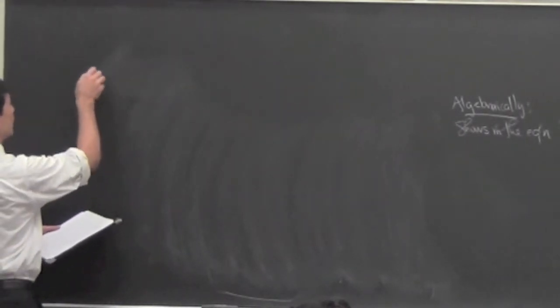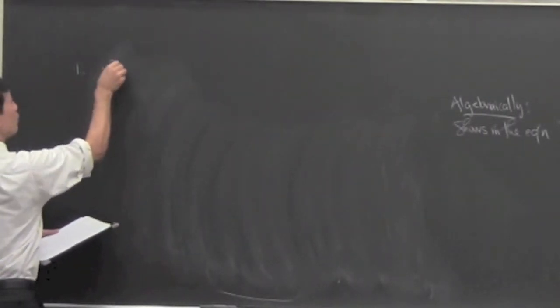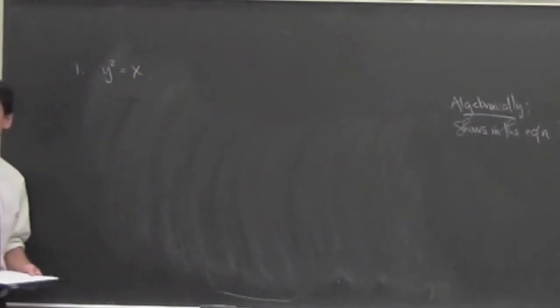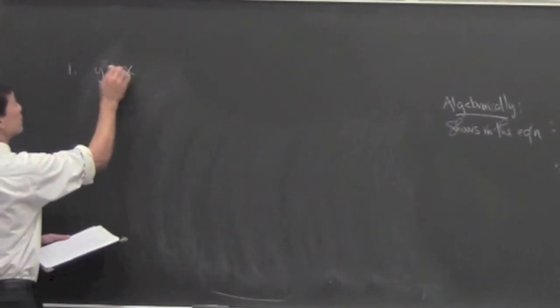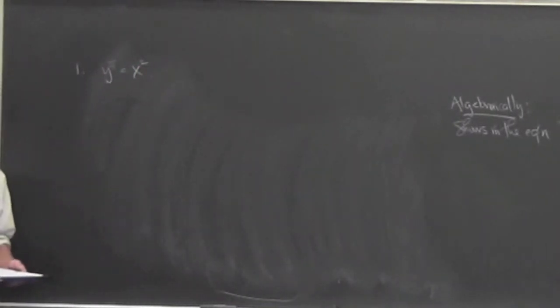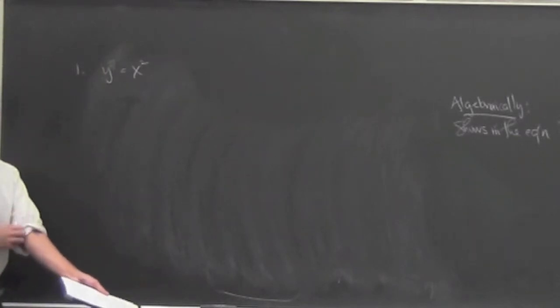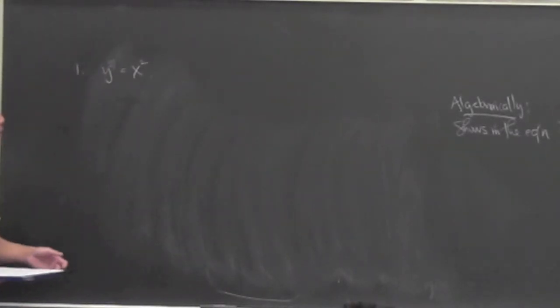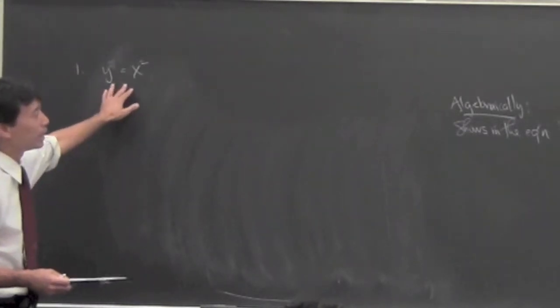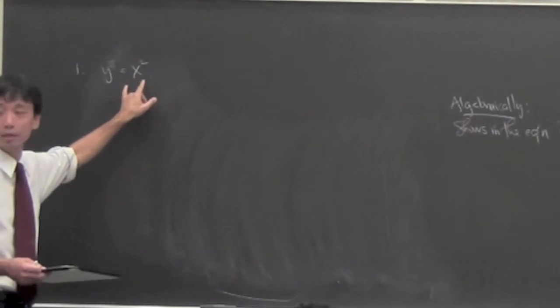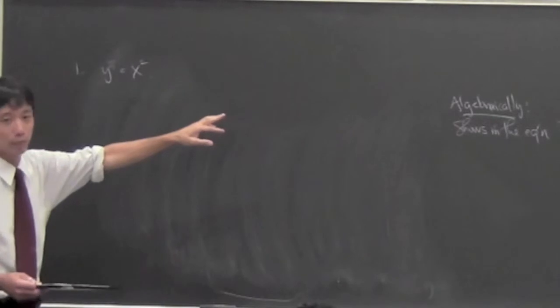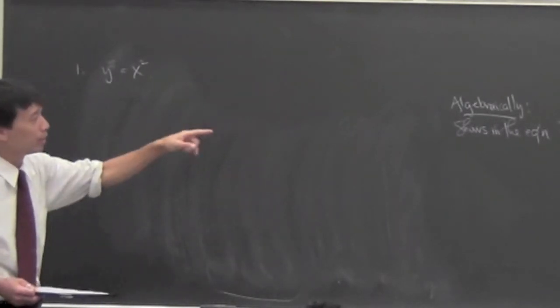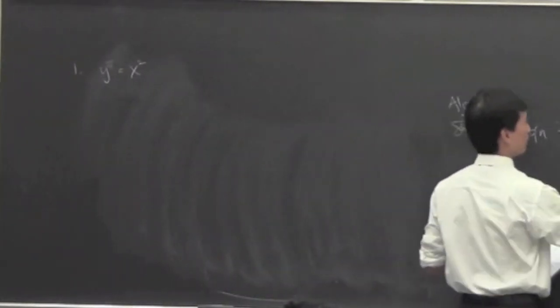So here's an example, say y squared is equal to x, or maybe let me do this one: y is equal to x squared, sorry. You look at this, and maybe if you didn't know what this picture looked like to begin with, you'd say, okay, I can check to see what kind of symmetry this thing has by playing these things.